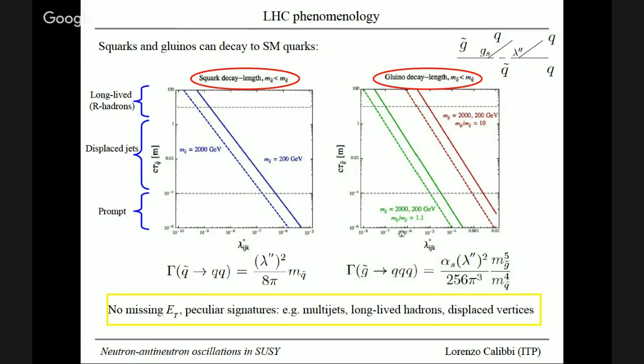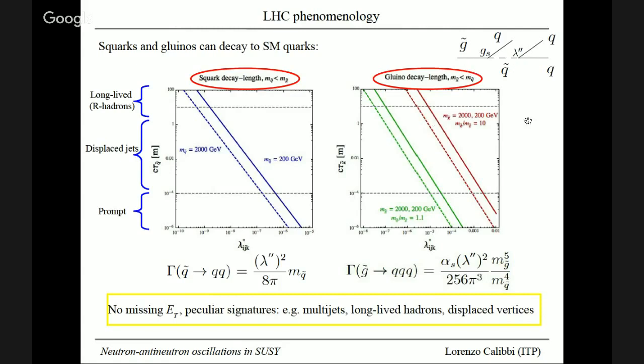The same we can say about the gluinos. If the gluinos are lighter than the quarks, they can still decay to quarks with the mediation of an off-shell, virtual quark. So this is just an ordinary SU3 interaction, and this is our parity violating coupling.